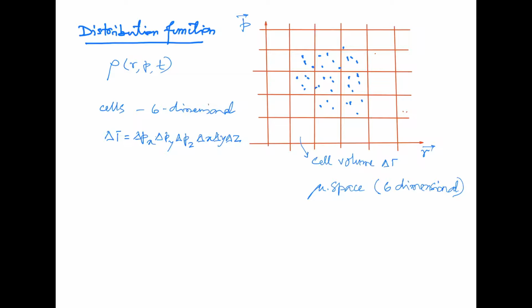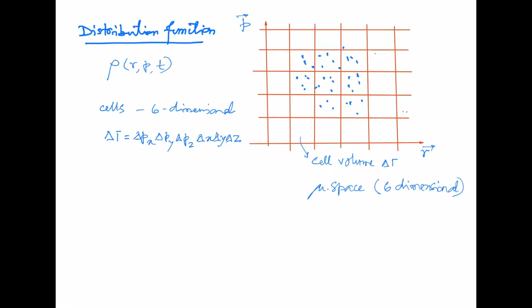What is this cell? A cell is assumed to be large enough to contain a large number of atoms or particles, and yet small enough to be considered infinitesimal on a macroscopic scale.